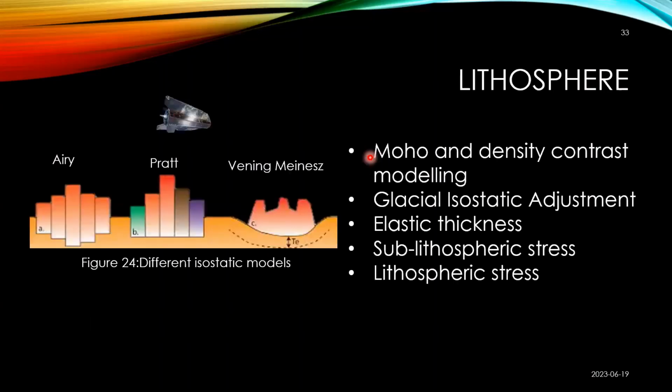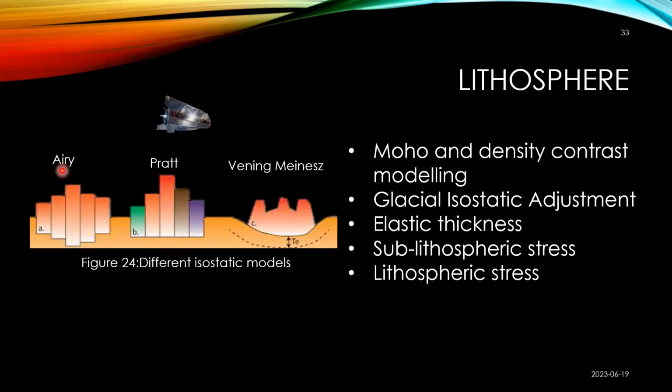Before that, let me explain what crustal structure is. Well, we know that there is an isostasy theory which says that the mountains have roots inside the lithosphere, so inside the upper mantle.